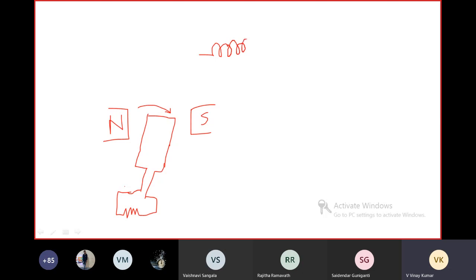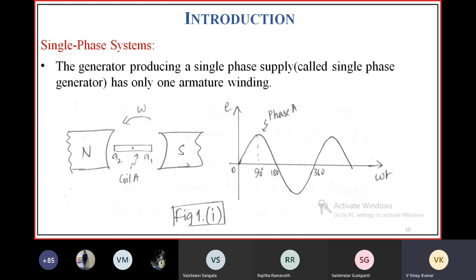Likewise, number of coils are connected in series like this. When number of coils are connected in series like this, then this will be armature winding. If you connect number of coils in series like this, you can make armature winding like this.